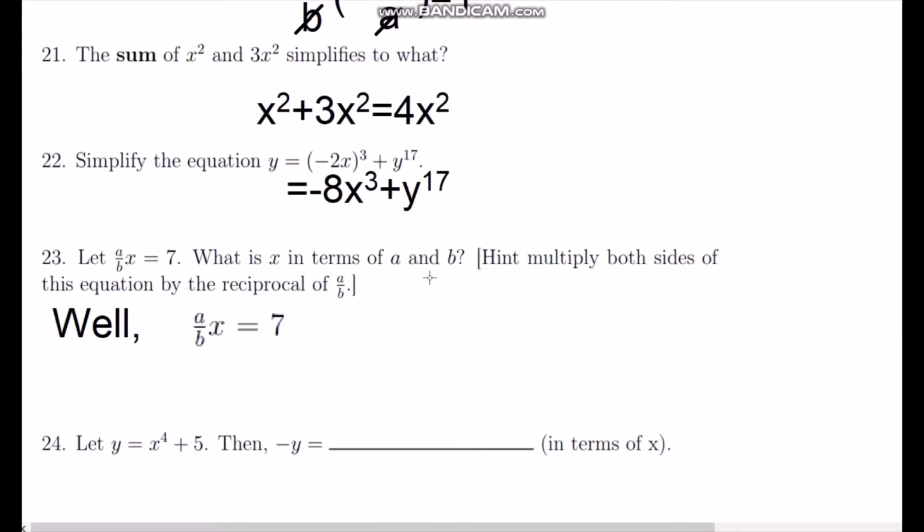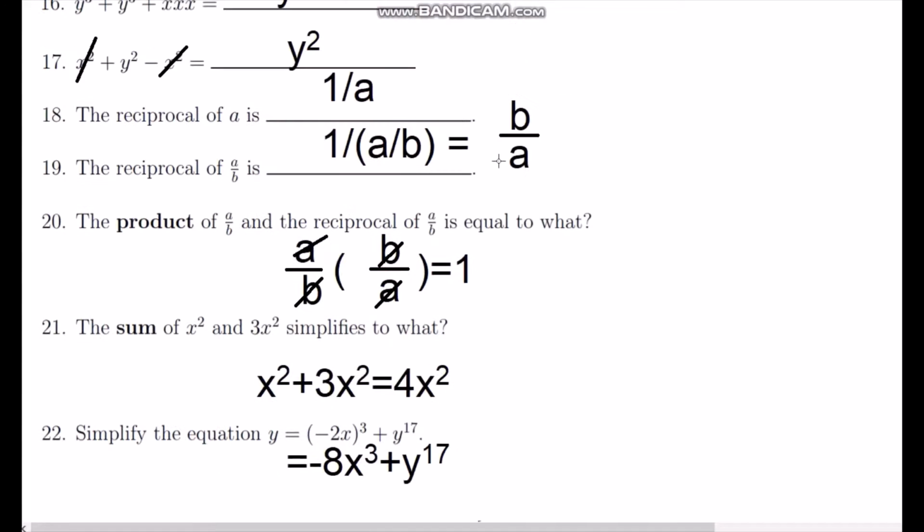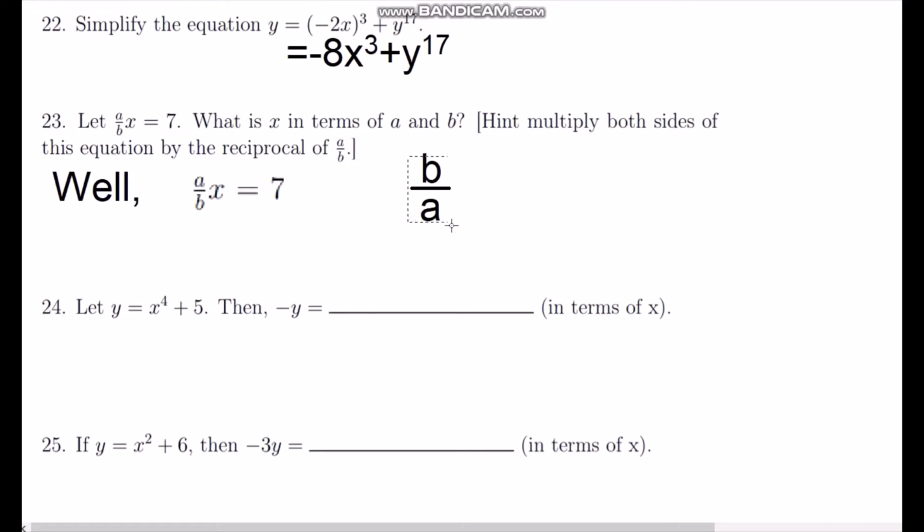And then we're multiplying both sides of this equation by the reciprocal of a over b, which is b over a. So let's steal this one from up here and move it down. And we have to do it on both sides, so there as well as there.